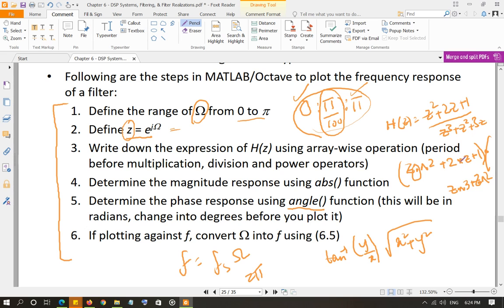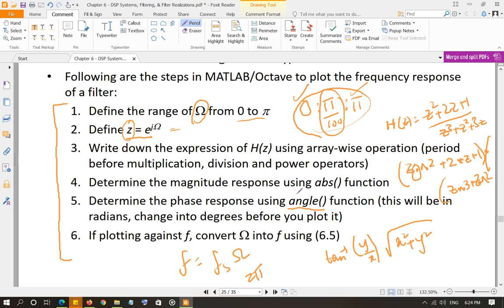You don't have to put a period over there because 2 is a constant and z is a vector, plus 1. And then you're going to put a period here because the denominator is a vector as well and the numerator is a vector as well. Period divided by, again, z period cube. You're going to put parentheses here, plus 2 plus z period square and so on.